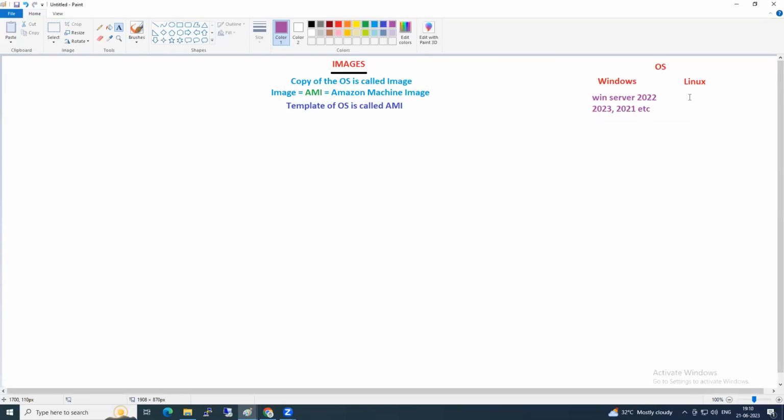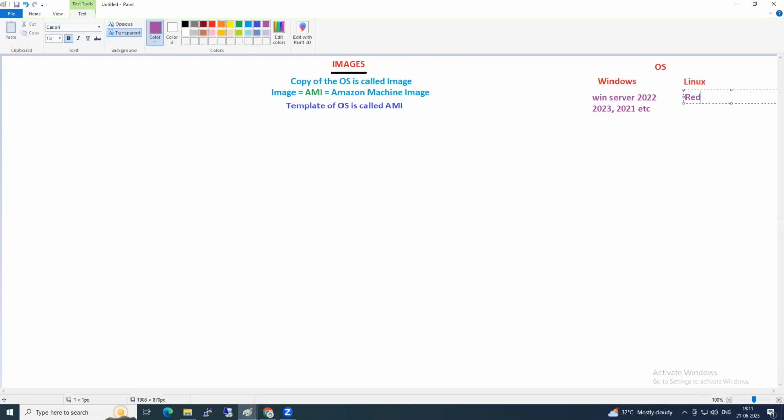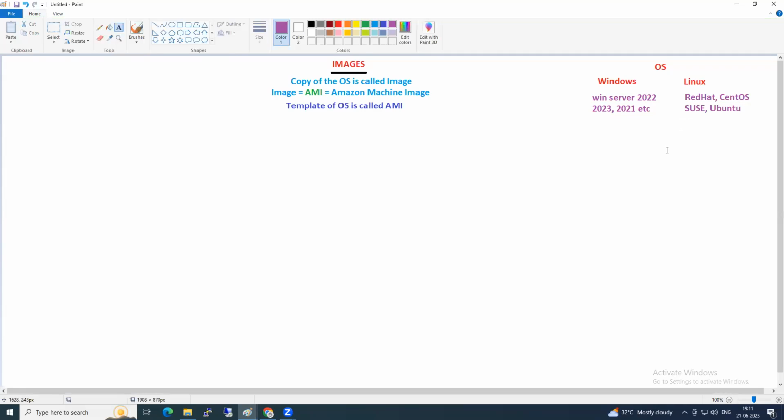And for Linux, what does it provide? Red Hat, CentOS, SUSE, Ubuntu, like this. So will AWS provide only plain OS, or can it also provide some applications inside it? Possible?